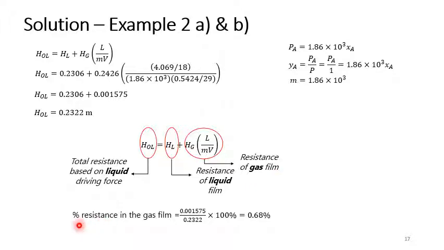So if you want to calculate the resistance of the gas film, you take this value, 0.001575, divided by the total value, 0.2322, then multiply by 100%. So you get 0.68% as the percentage resistance in the gas film.